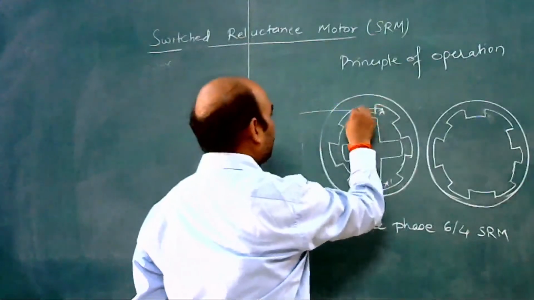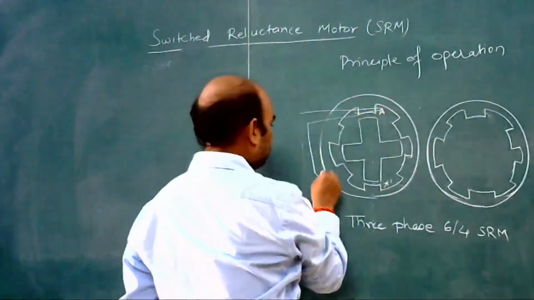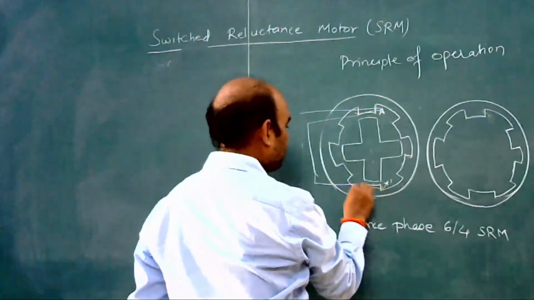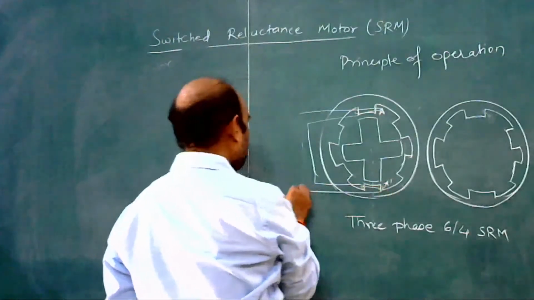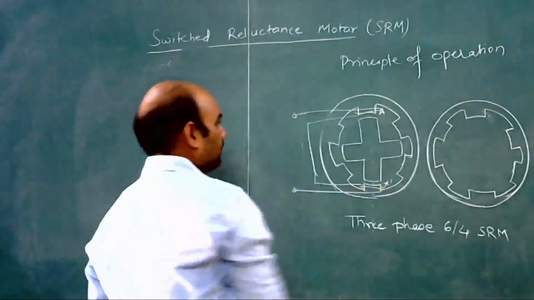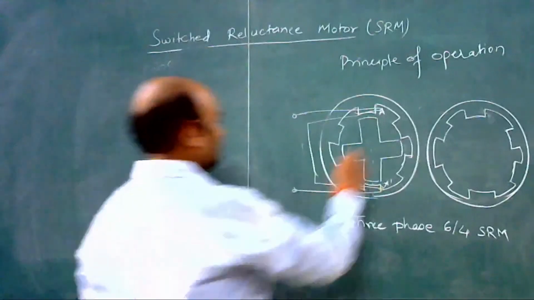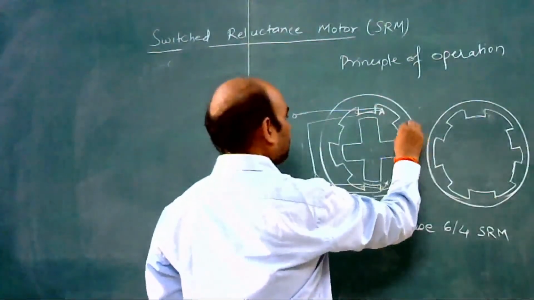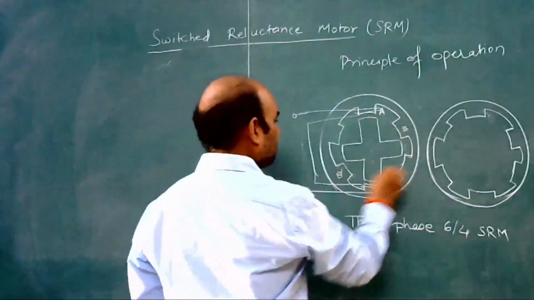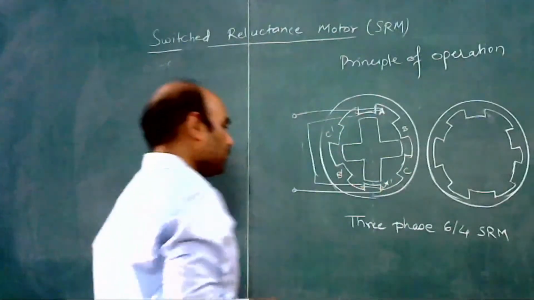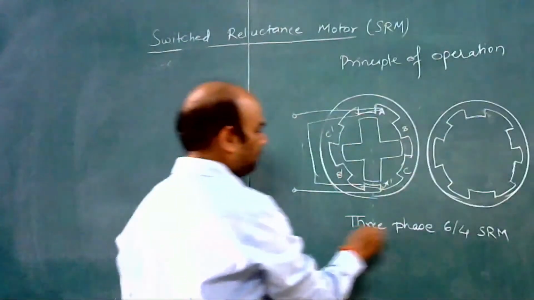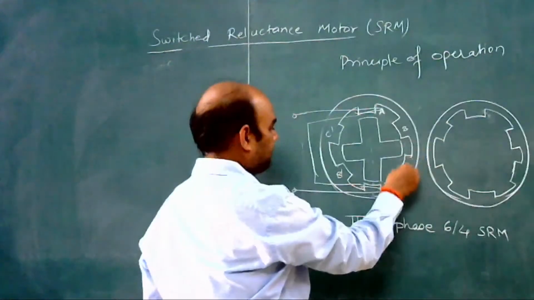The windings are wound like this. This is A dash, this is B dash, and this is C. So this is a 3-phase machine: A, B, C.